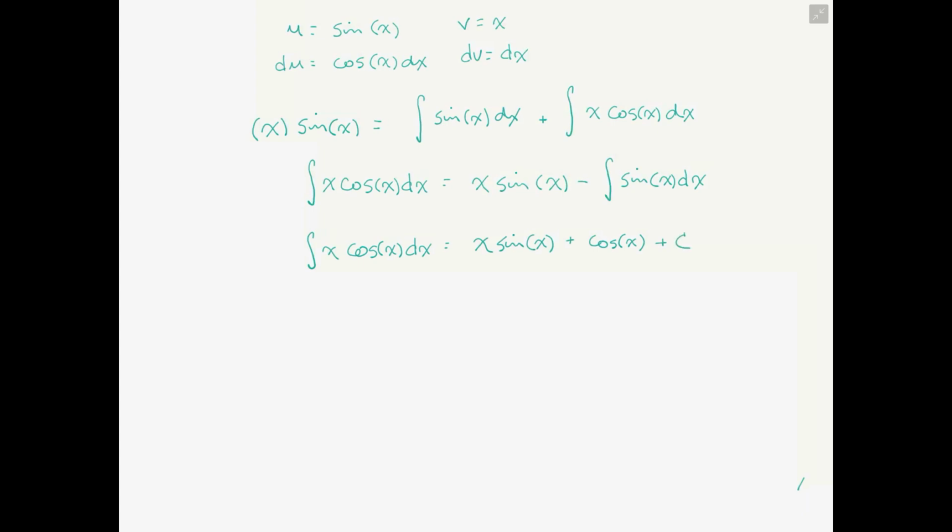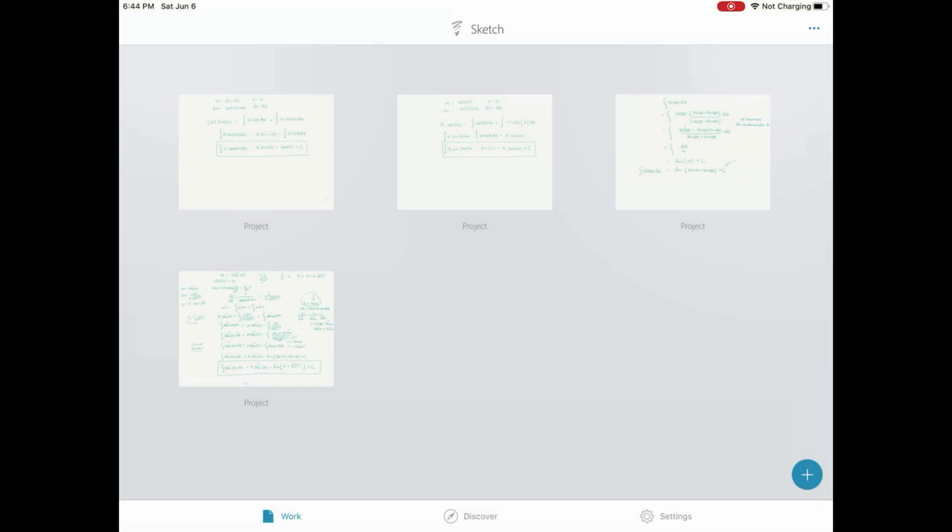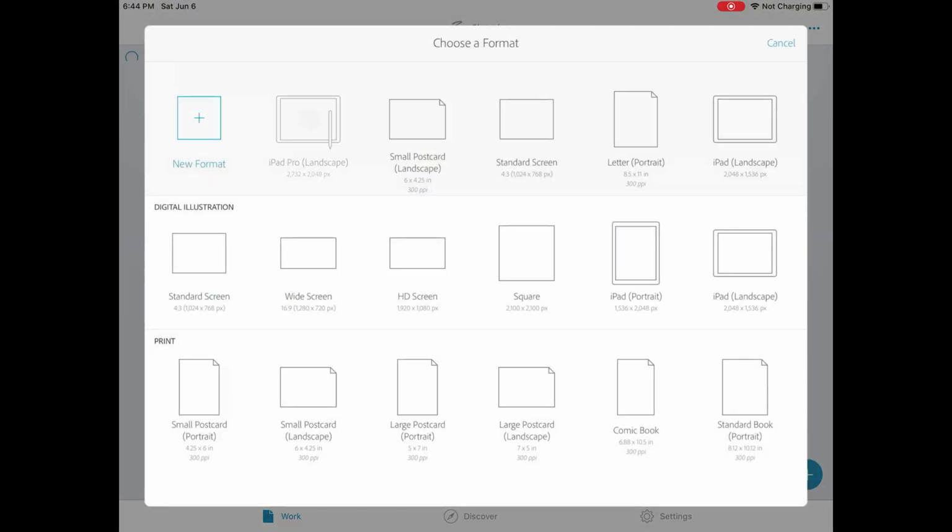And this is our result. It's a pretty quick method. There are other ways of integrating. Sometimes there aren't. Sometimes there's only one way to approach a problem. But sometimes there are other ways of integrating. And we'll see an example of that here. Maybe not in this video.